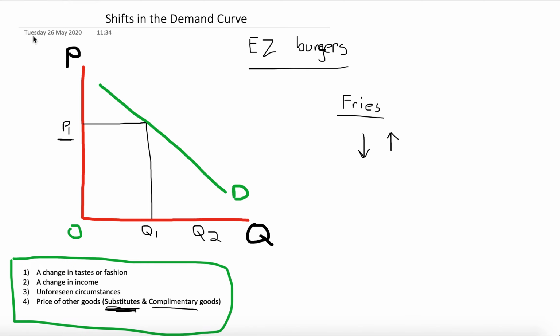It would just be the opposite, wouldn't it? The meal is now more expensive, and for the same price, so the burgers are the same price, for the same price there are fewer burgers demanded. Okay, quantity 2.